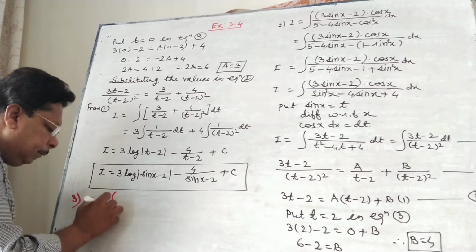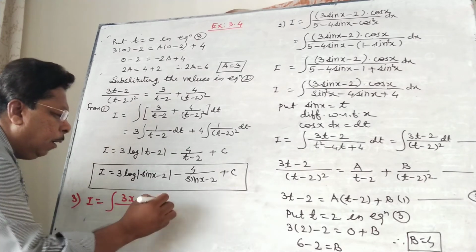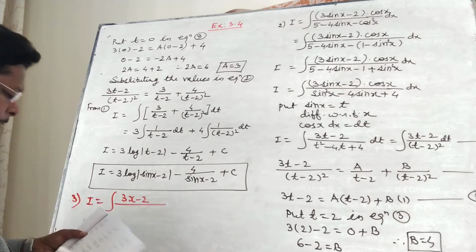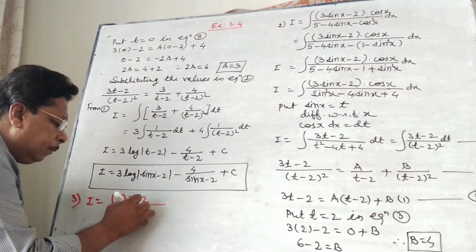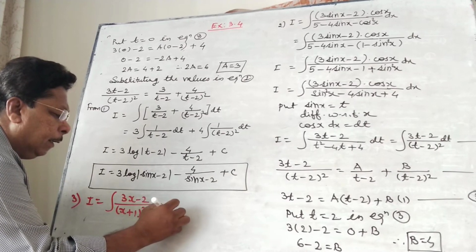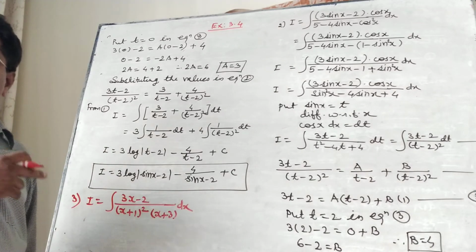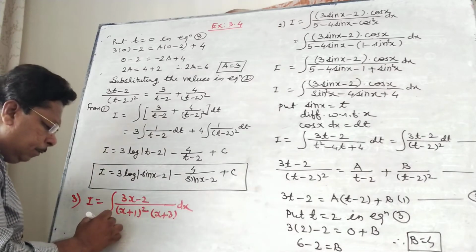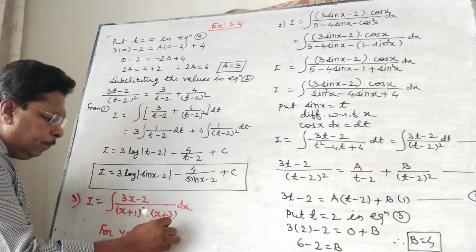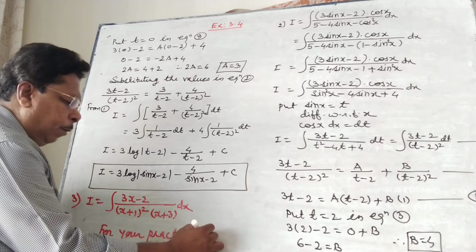Integration of (3x minus 2) upon (x plus 1) whole square into (x plus 3) dx. This is for your practice at home.